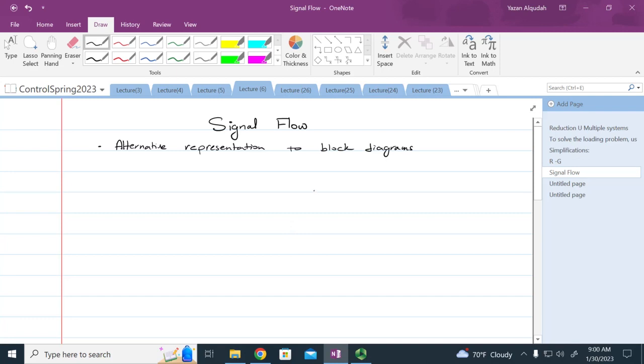And the components of the signal flows: we have systems and signals. Systems are represented by branches, and signals are represented by nodes.